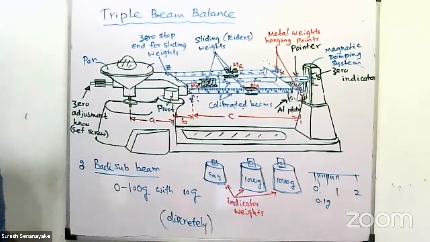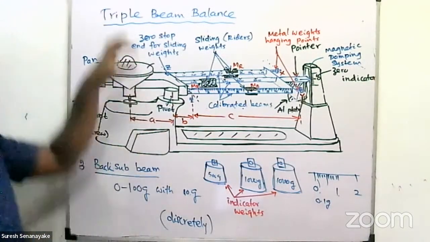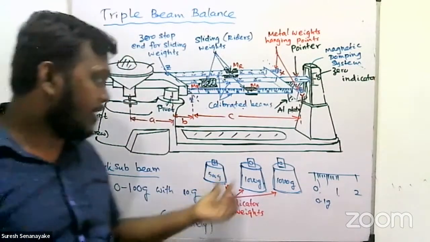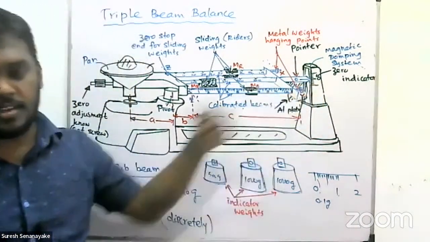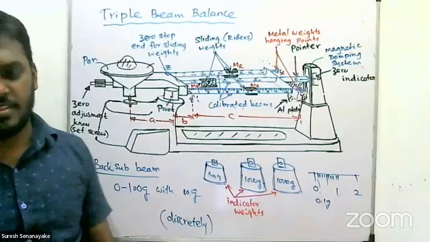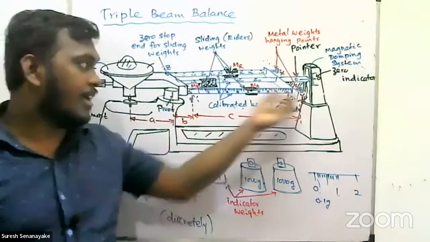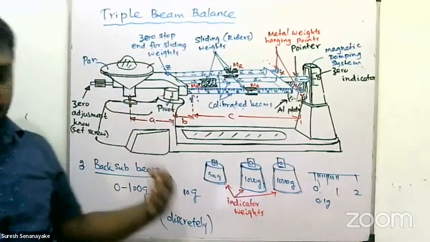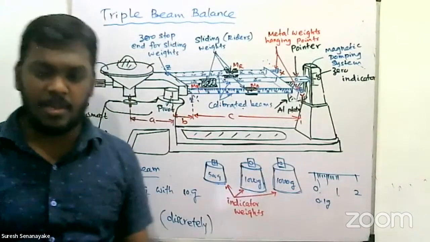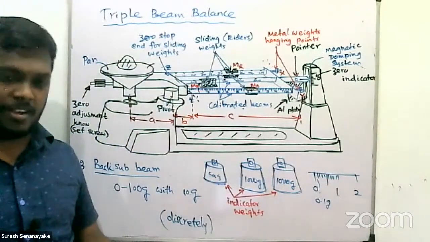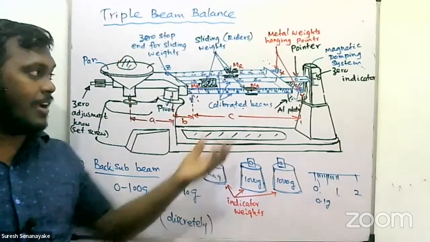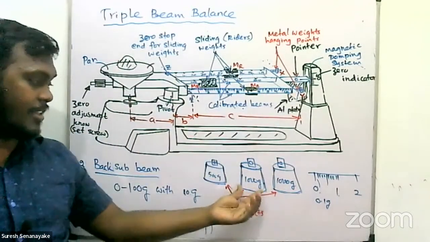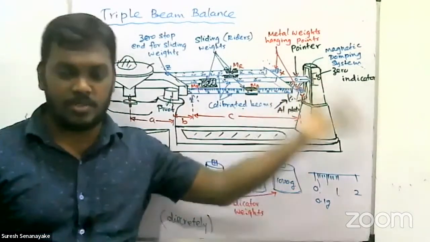They balance, so the measurement starts from 500. Similarly, if you hang the 1000 gram weight, it gives 1000.